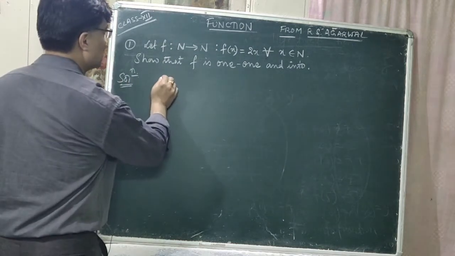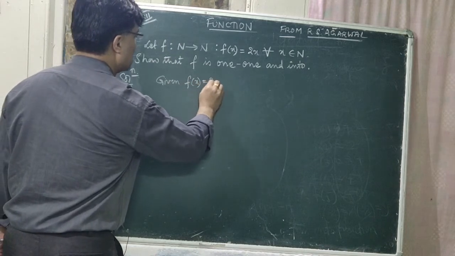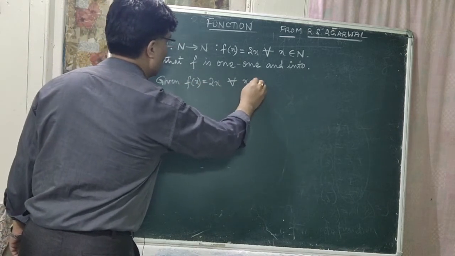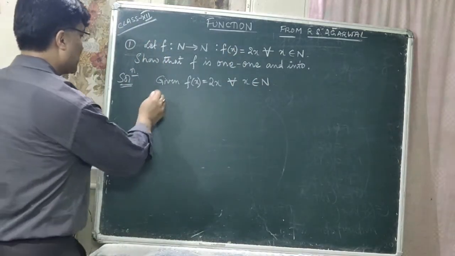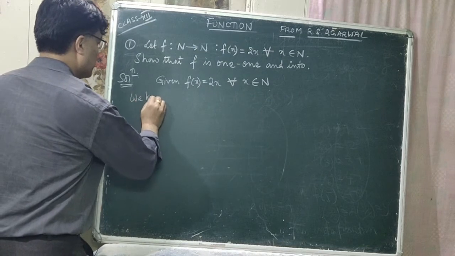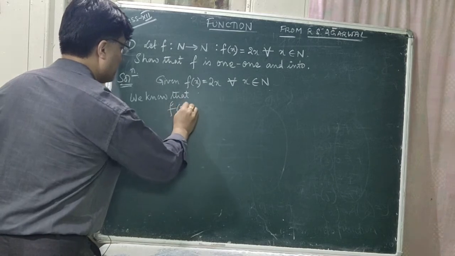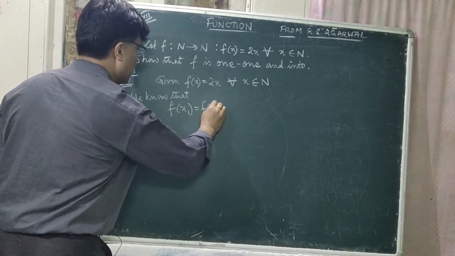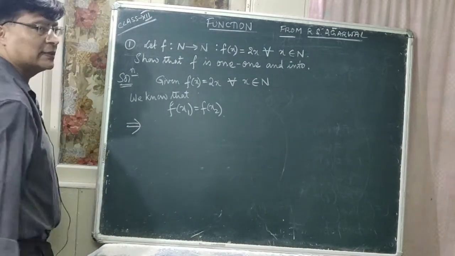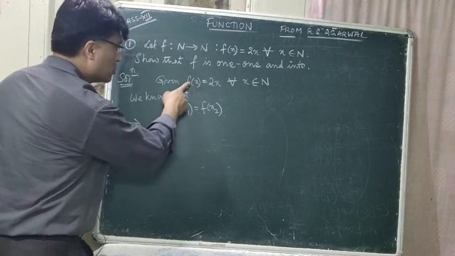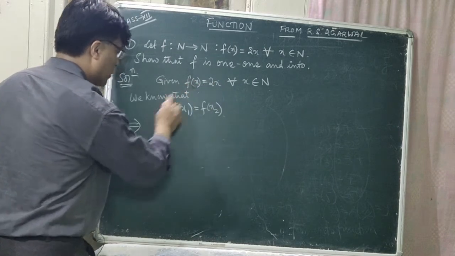So here given is f of x is equal to 2x for all x belongs to the set of natural numbers N. Now we know that f of x1 is equal to f of x2, which implies that, instead of x, if you put x1 here, what is the value for f of x1? 2x1.